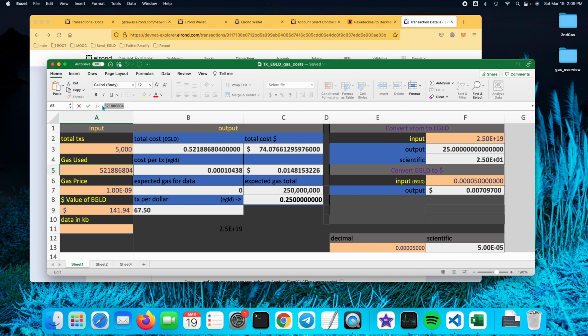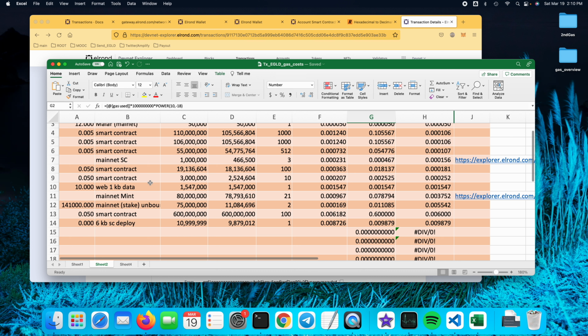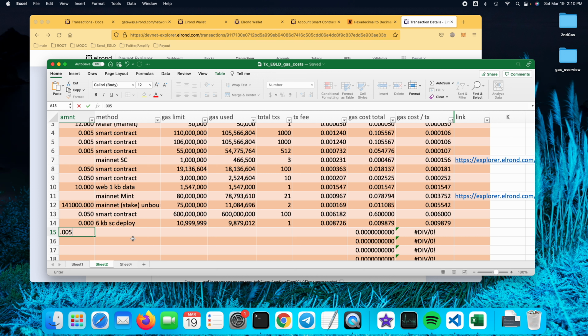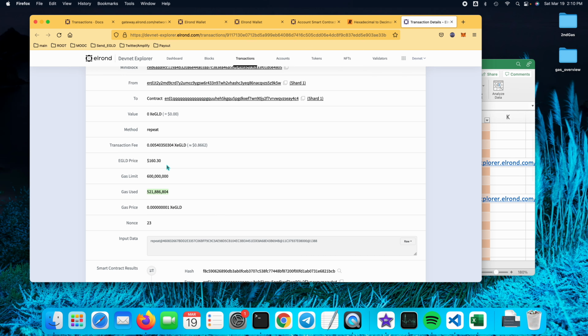Let's make another line. Gas limit was this one here. Total transactions 5,000. Transaction fee: what did they say the transaction fee was? This is what they said the transaction fee is.